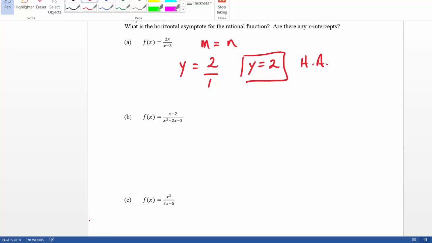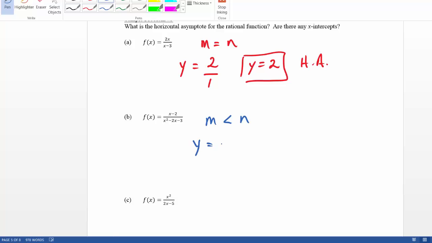Okay, so if we move on to B, the next thing we see is that our degree value in the numerator is less than our degree value in the denominator, so we can say our m is less than n in this case, and that's always an easy thing to figure out because when our degree in the denominator is larger, it's pulling it back to the x-axis.